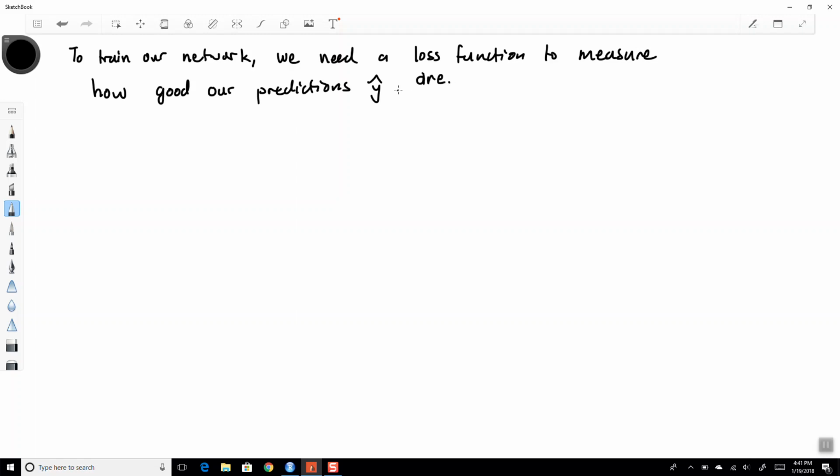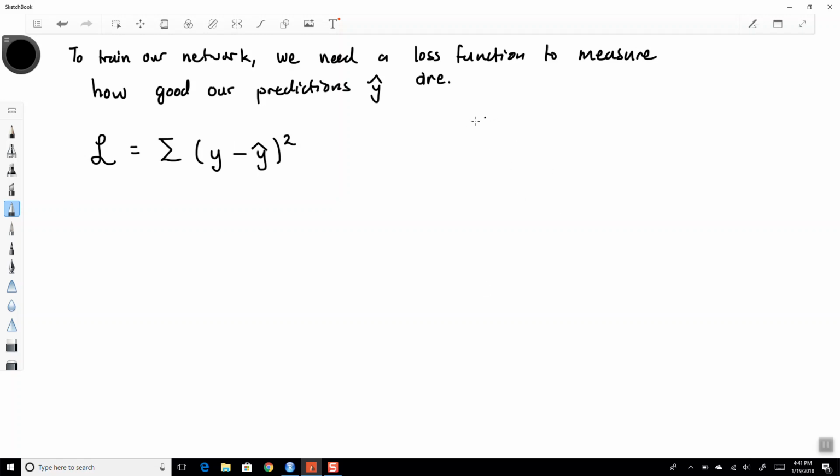Okay, so all we're going to do is have the loss function L be the total residual sum of squares. We're going to take the true outputs y, subtract off our y hats, and square that.